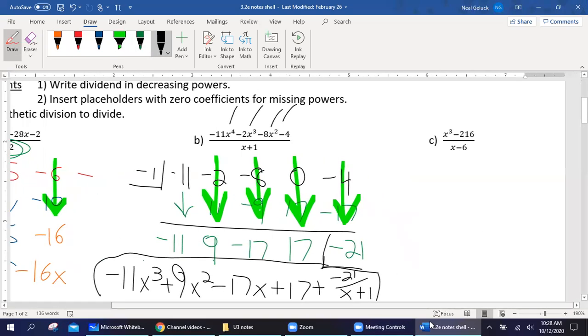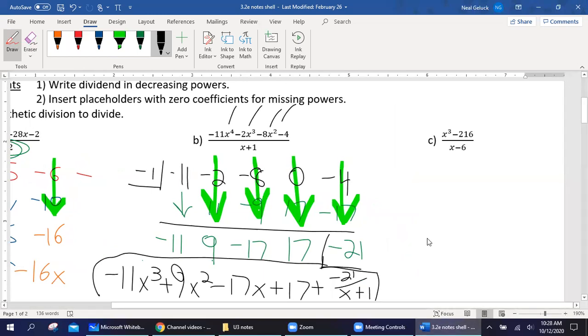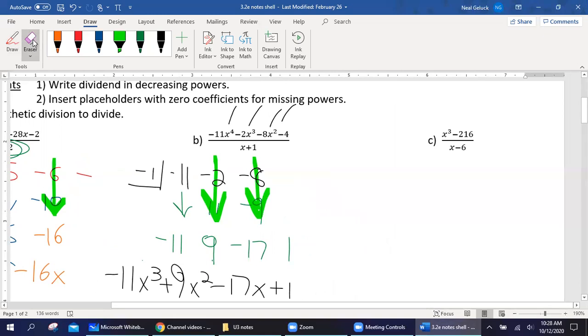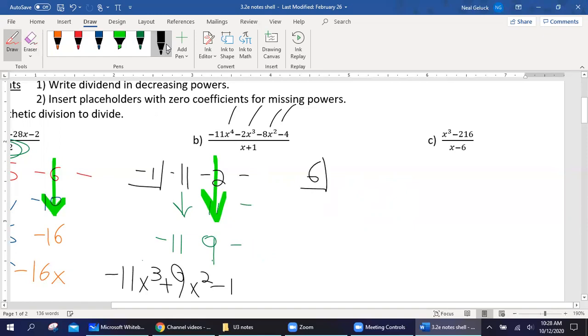For letter C, it's x minus 6, so that means a positive 6 is going to go in the box. Really, switching that sign is accounting for the fact that in long division I always subtract.